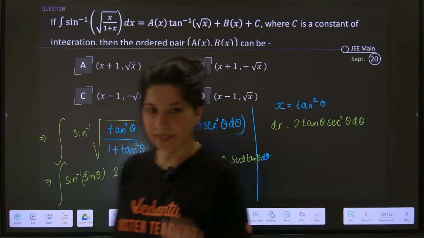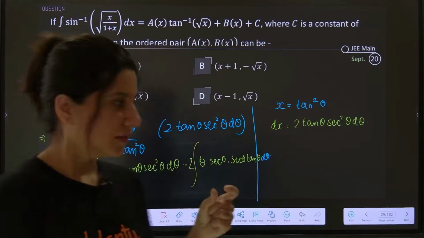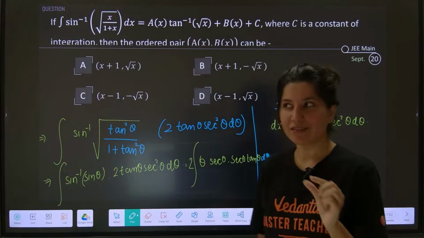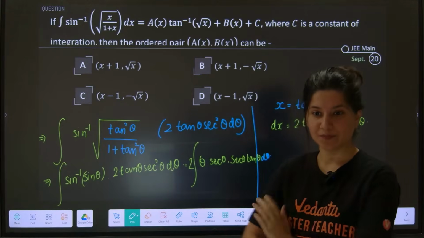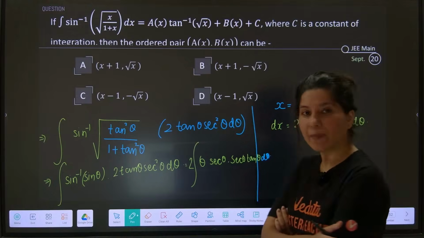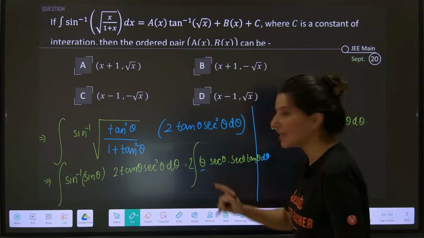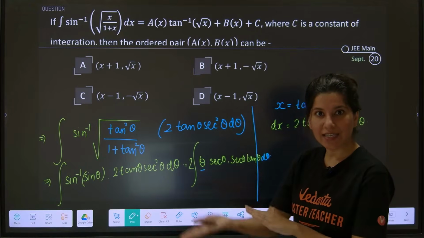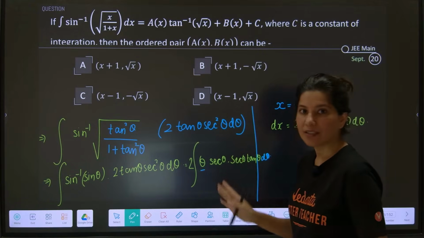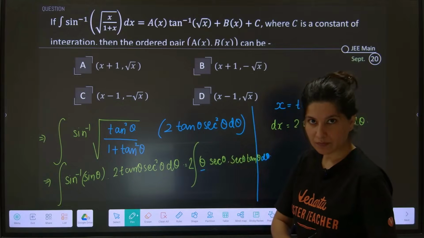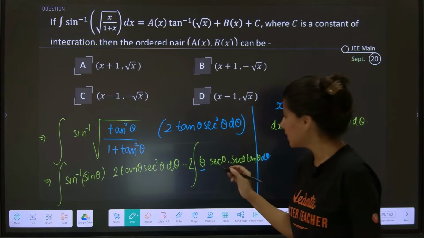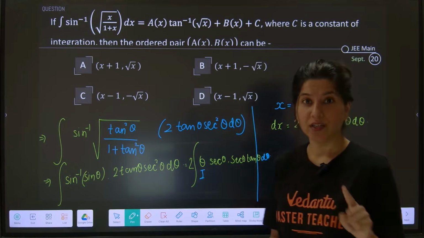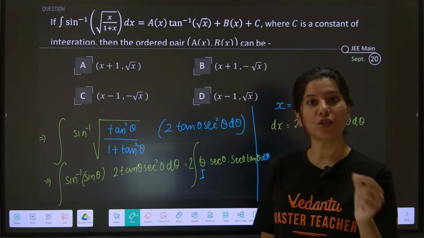Now things are a little complicated over here. Not that complicated, it's tricky. Obviously integration by parts will be there, because theta is an algebraic function, like x sin x, where x is algebra and sin x is trigonometry. So theta is the first function. But who is going to be the second function? Second function integration you should know.